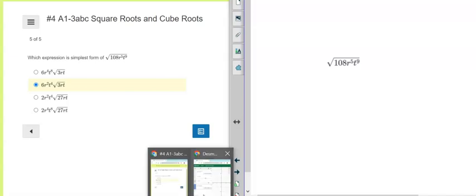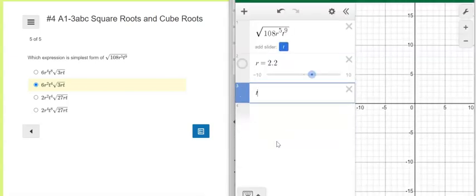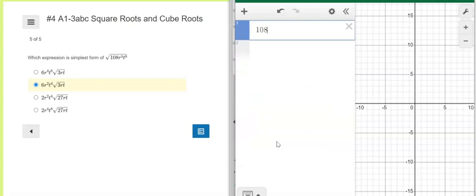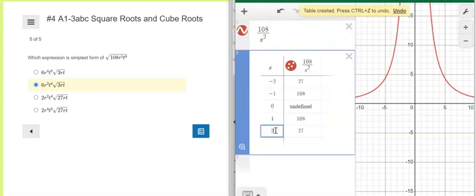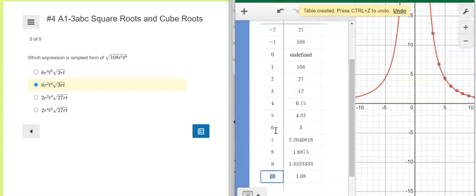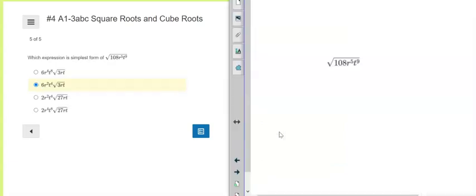So to do this by hand, we're going to simplify 108. So square root of 108, I'll put that part in Desmos. So 108 divided by x squared, and then turn it into a table of values, see what perfect square I can take out. So it looks like I can take out 6. So 36 times 3 is 108, so 6 comes out.